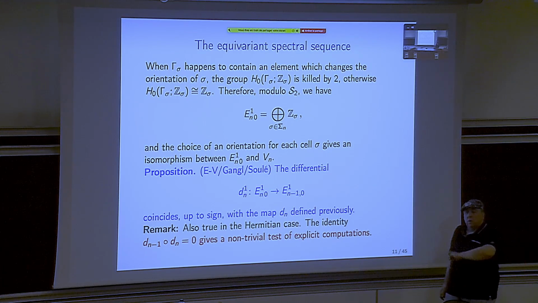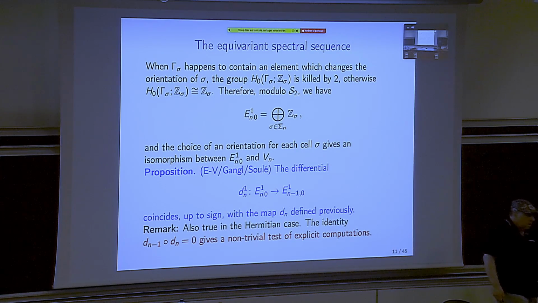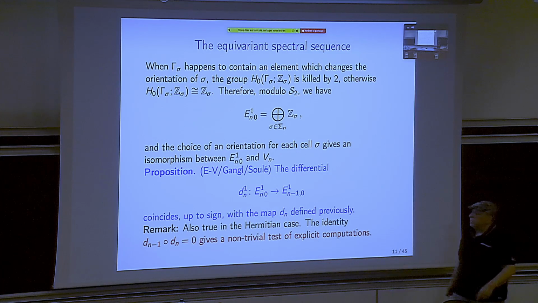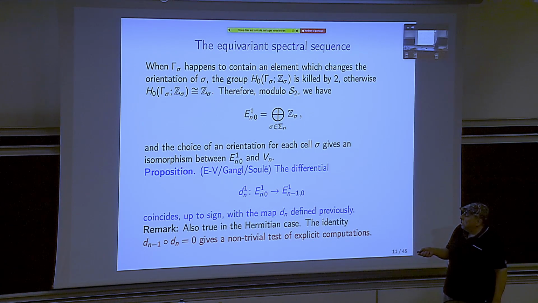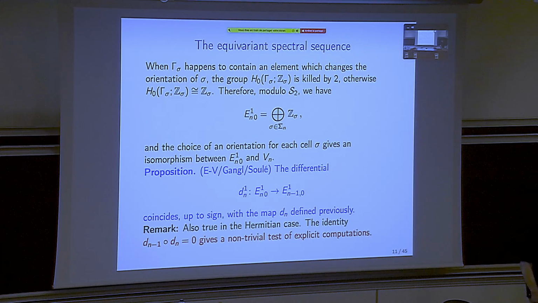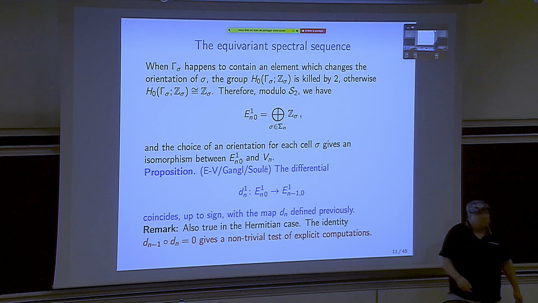This is the difference when you do the differential recursively in the third way, because you use this relation in order to build it. So it gives you, again, a non-trivial test in order to check your explicit computations. This is really interesting.